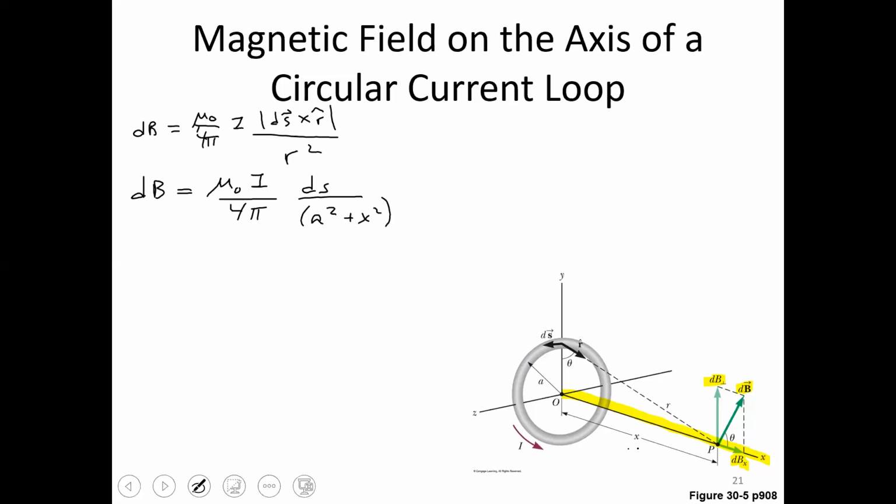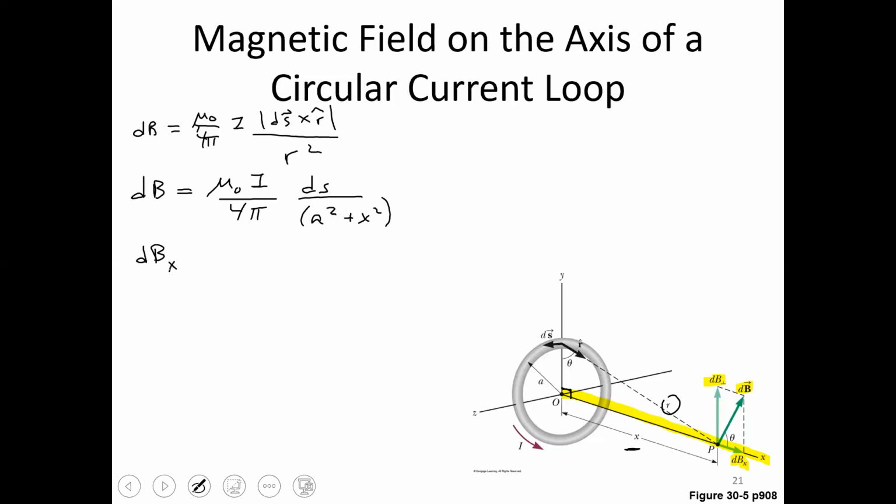So remember, x is the distance to the point at which we are evaluating our magnetic field from the origin, or from the center of our circular current loop. A is the radius of the loop. So we've got this right triangle here that can help us write r in terms of two constants that we know of. All right, so that's our magnetic field in general.